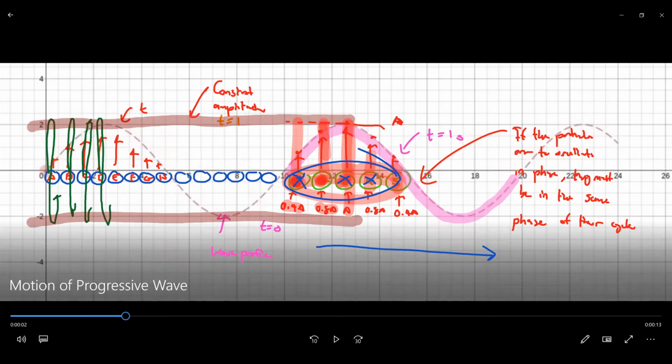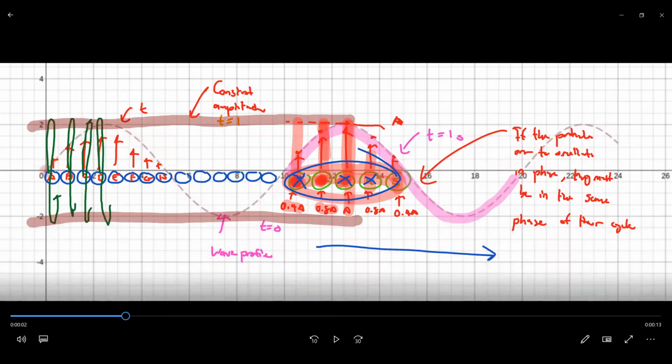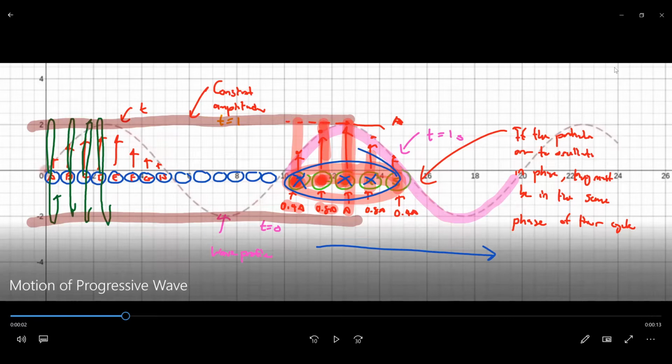Wait. Let me see where's the stationary wave. Give me a second. Okay, for stationary wave, it looks like, open up.